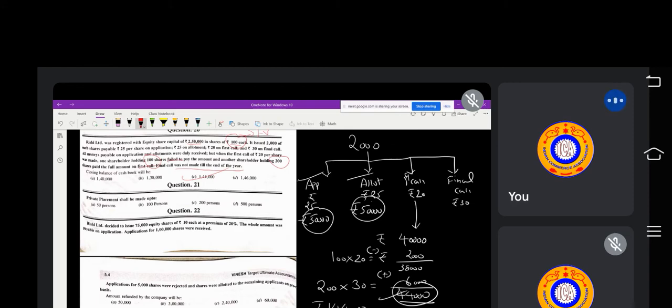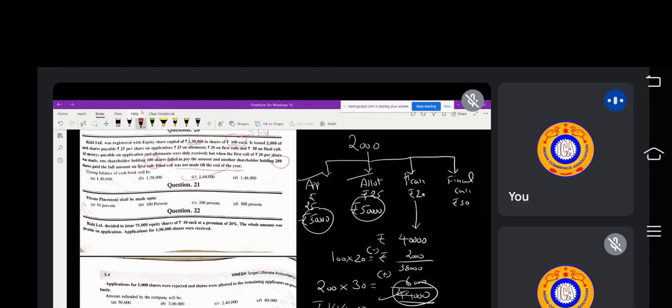Moving on to sum number 21. So it's a very simple question. Private placement shall be made up to 50%, or up to 100%, or up to 200%, or 500%.